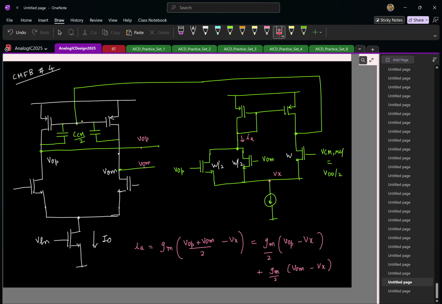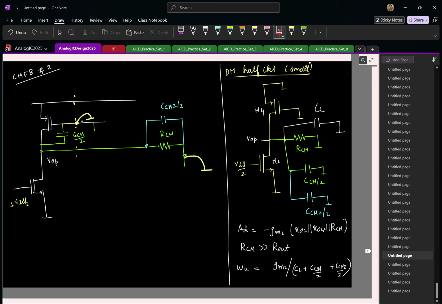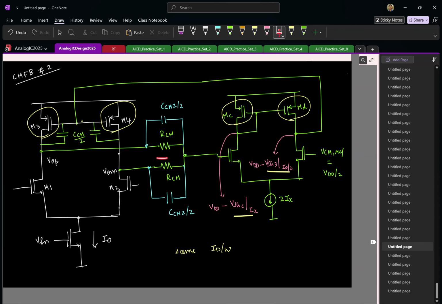The output is going to swing large, which means these transistors can go out of saturation, which means these transistors will impose an additional constraint on your output swing limit. Whereas in the other variants, the output was directly connected to a resistor. The resistor can handle any swing, it's okay, and only the averaged output is fed here.